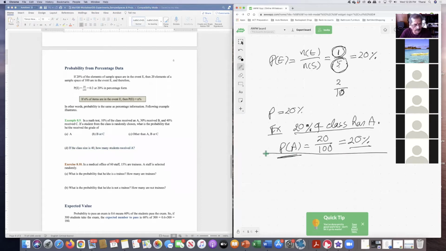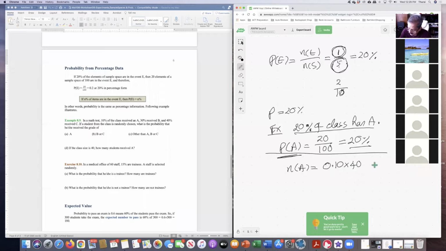Now, how many students actually received A? If the class size is 40, that's 10% of 40, right? So the number of students who got A is 10% of 40. Notice that the 10% is percentage information and it is also probability.